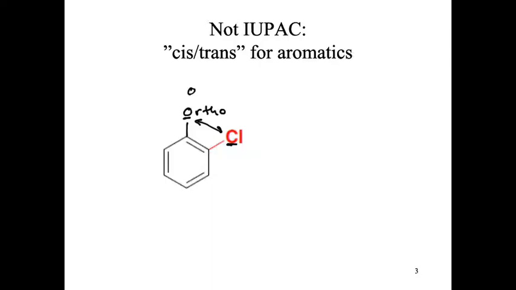Oh, no. Is there a position similar to that ortho on the other side? On the other side, over here? We're looking at the same relative position to the chlorine. That is also an ortho position. Okay?